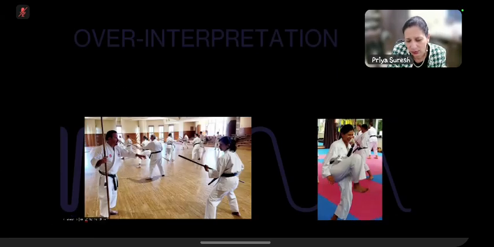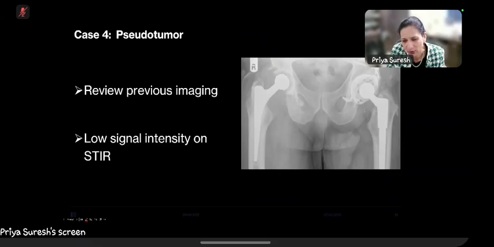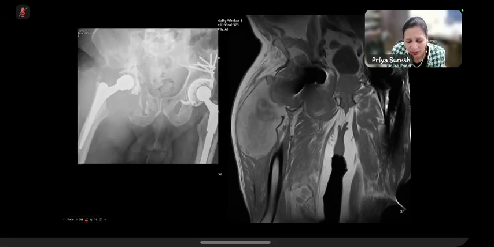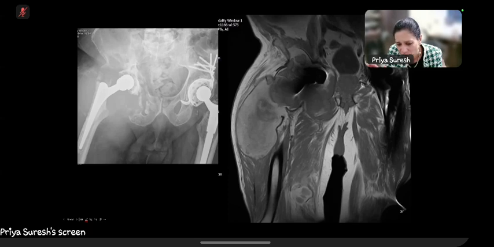One of the things I thought was overinterpretation. When you go back to this, I know it looks very drastic, especially this radiograph, but use first principles. Use the fact that you have previous radiographs and serial changes, and that will help you make the diagnosis. The other first principle is that it's low signal intensity and heterogeneous, but going in different directions.